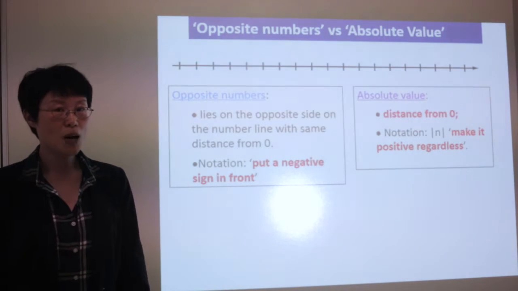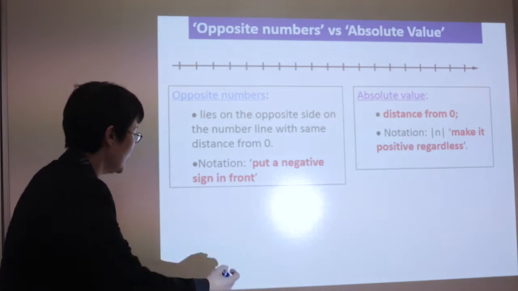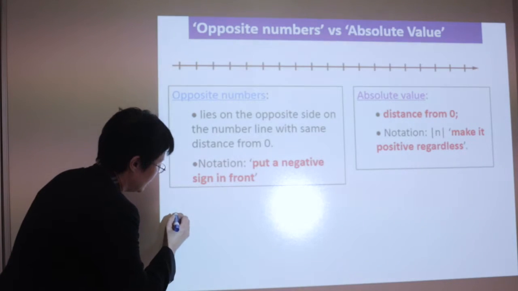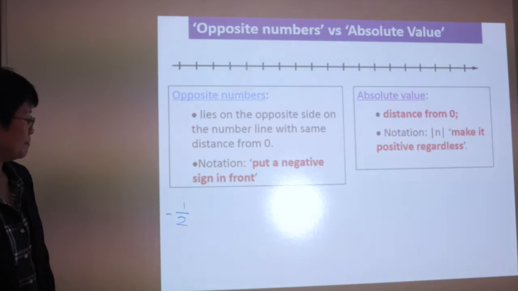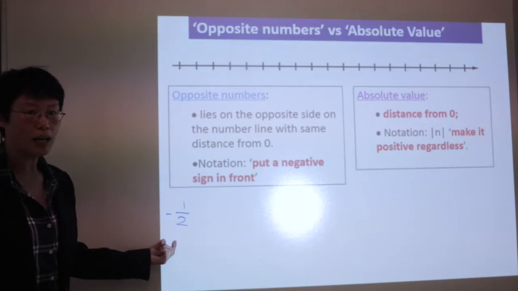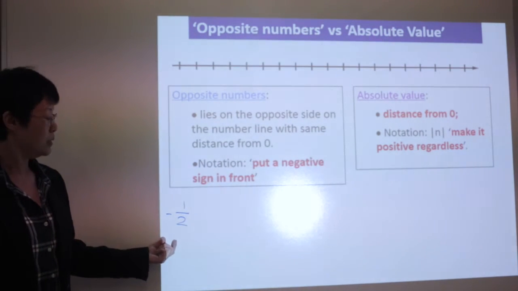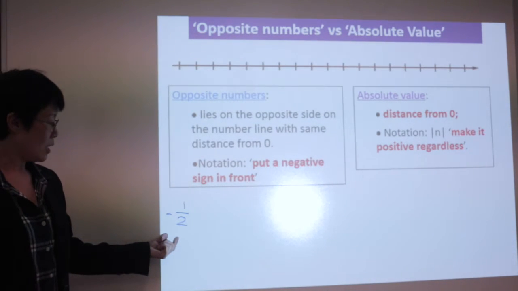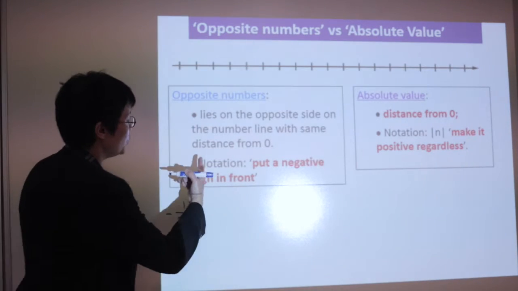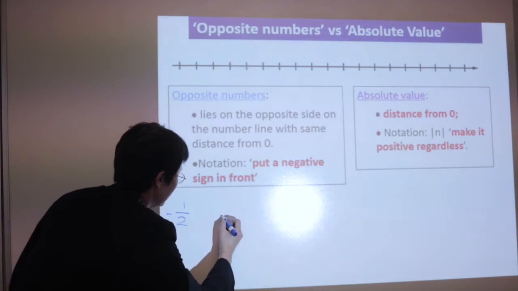All right. Now let's try another example. I would like to find the opposite number as well as the absolute value for negative 1/2. So what is the opposite number of negative half? I simply put a negative sign in front of it.